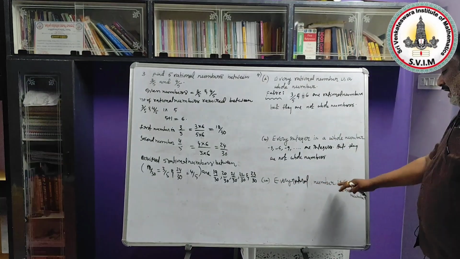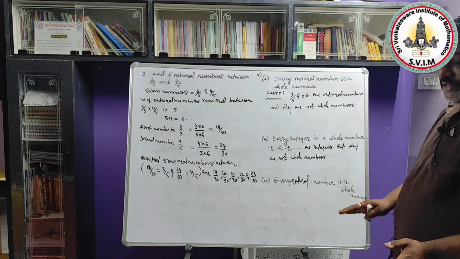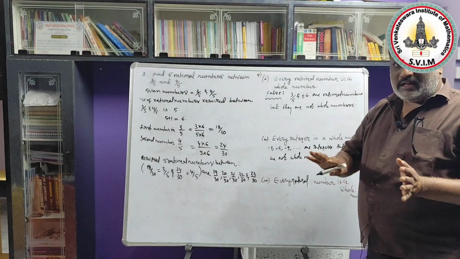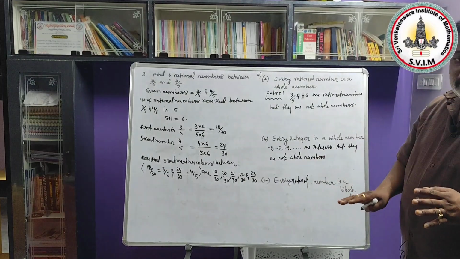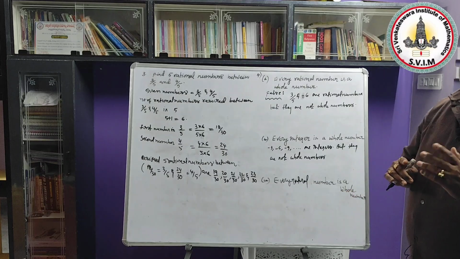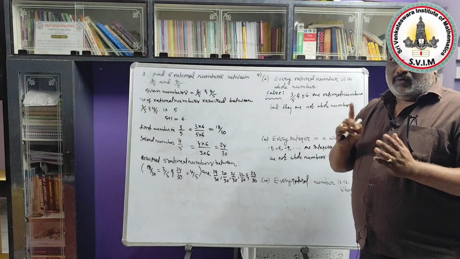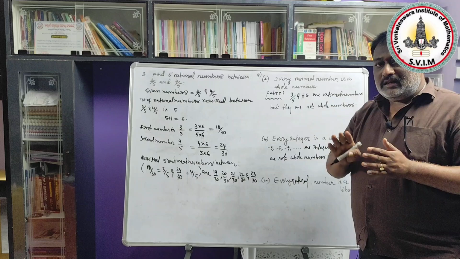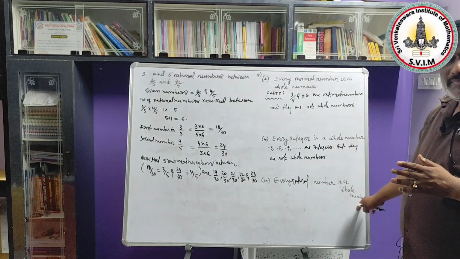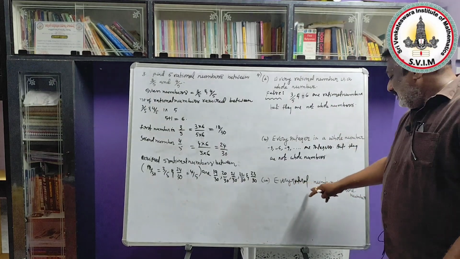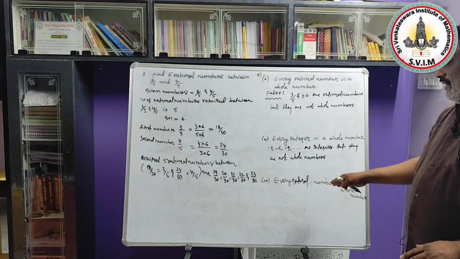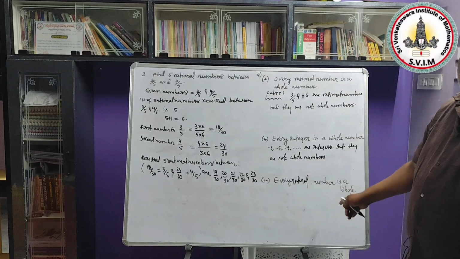Now listen to me. All natural numbers you need to consider and check that all natural numbers are whole numbers. Natural numbers start from 1 to infinity. All those numbers are nothing but whole numbers. Yes, all natural numbers are whole numbers. This statement is true.